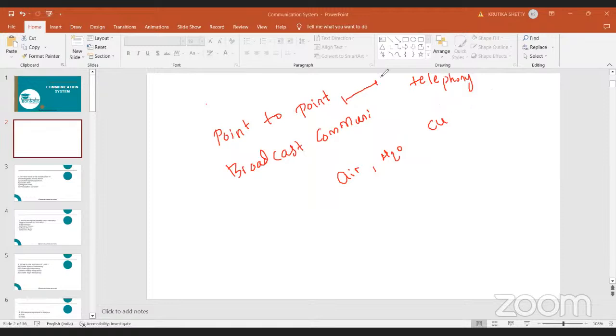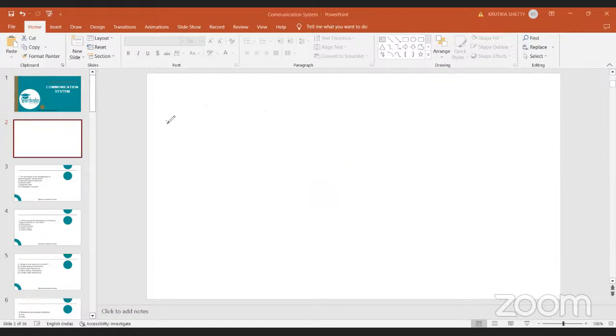Next, let us see the different parts of the communication system. So we have the block diagram here. The first one is the information source. Then next we have the transmitter, through which the message signals pass.